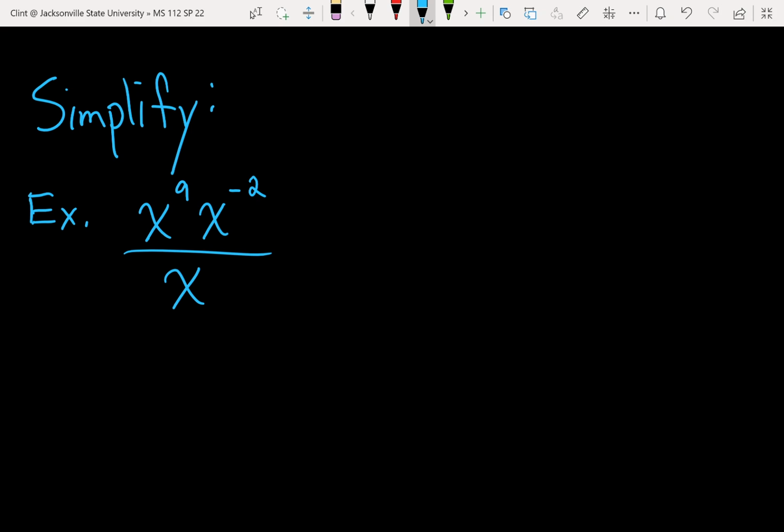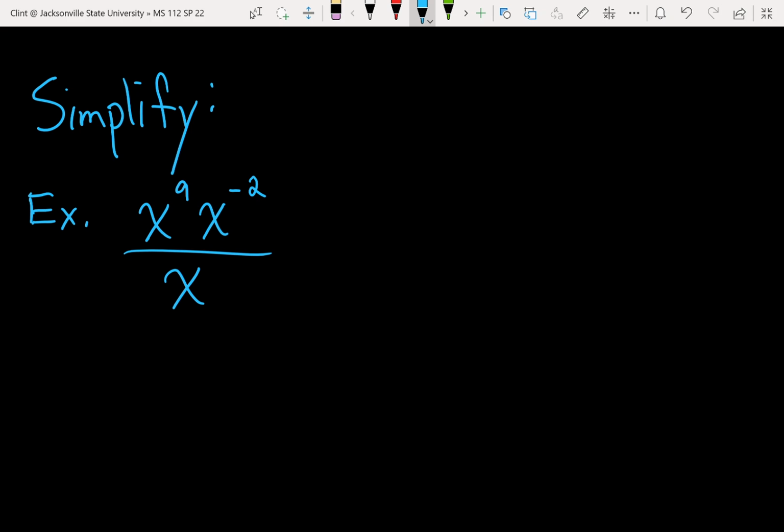Take one step. Yes, technically you're right. What we've got here is this term times this term. So if we're going by our rule, what should we do with our exponents?